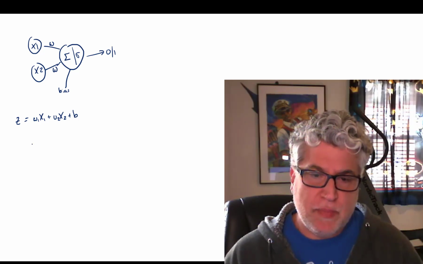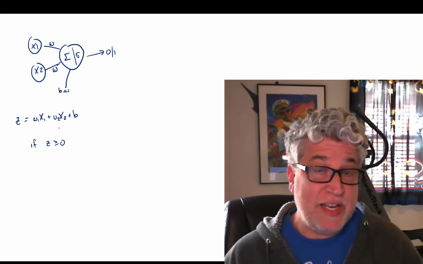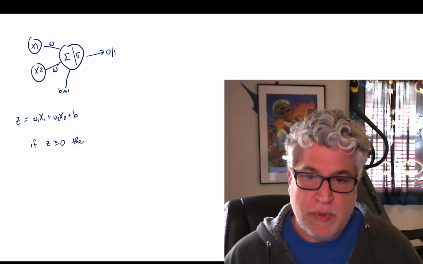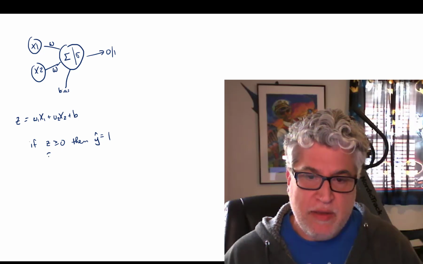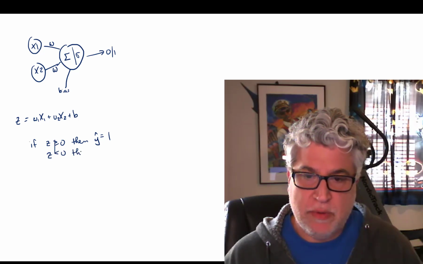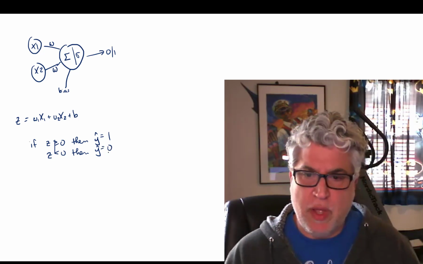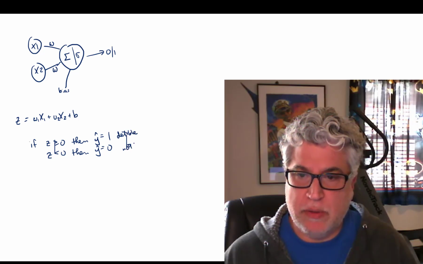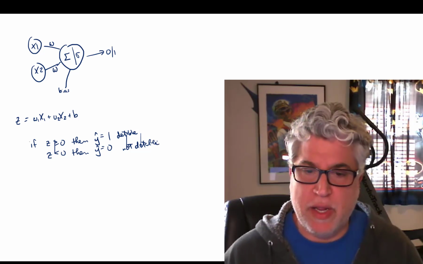What that means is if z is bigger than or equal to 0, so if this weighted sum, this linear combination of inputs, is bigger than 0, then our prediction, let's call that y hat, is a 1. And if z is less than 0, then we're going to predict a 0 or a -1 or, dateable, not dateable, or some other binary classification.